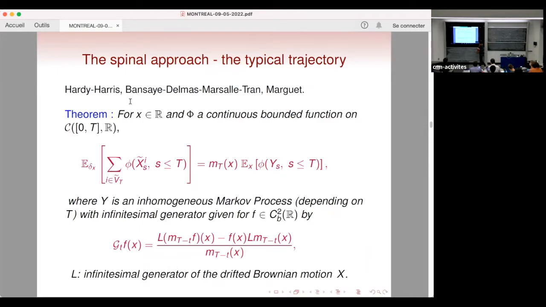Here Y is an inhomogeneous Markov process, and its infinitesimal generator is given by this expression.